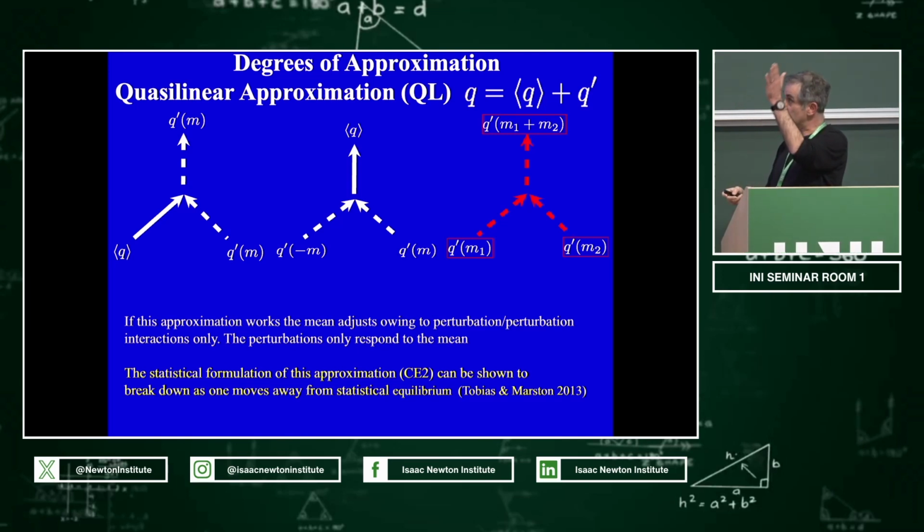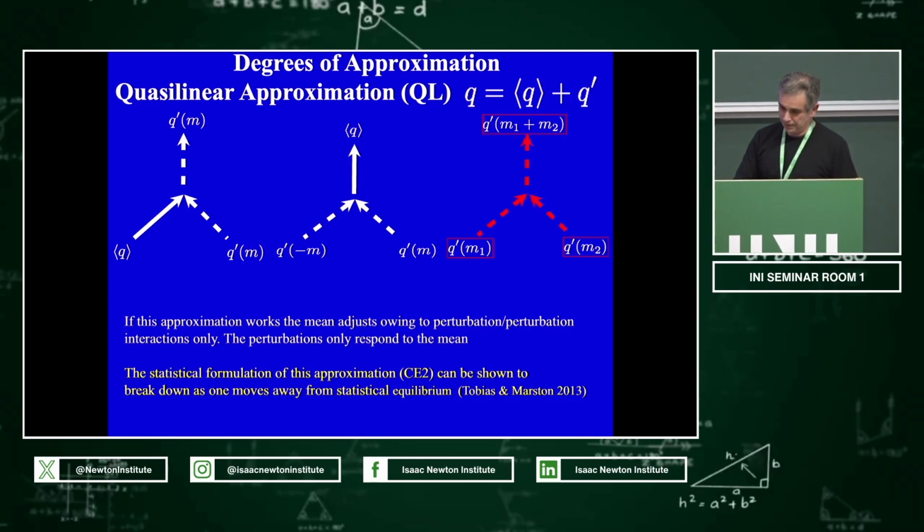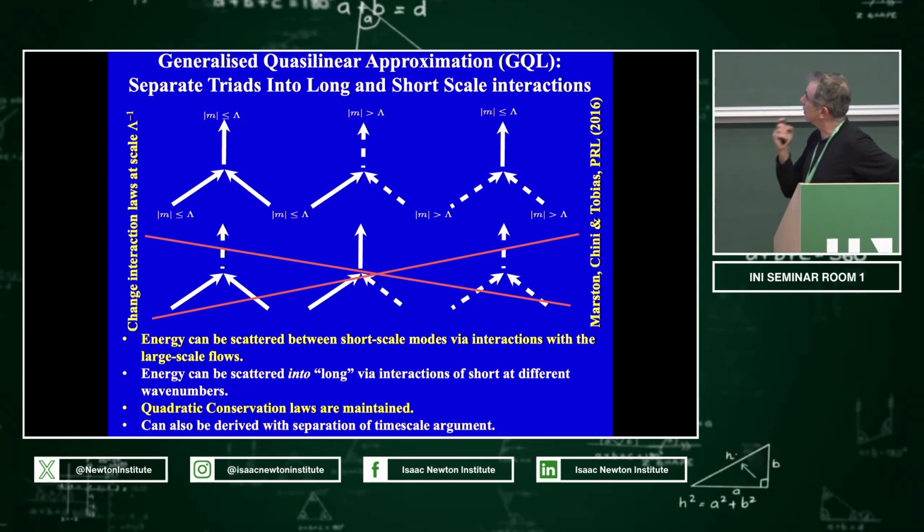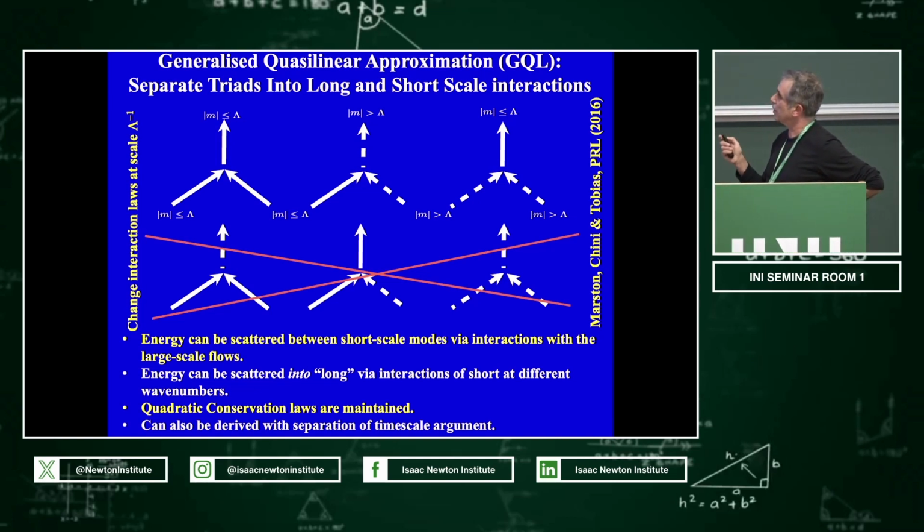And we're going to have a cutoff between the two ranges of scales at some wave number lambda. So if lambda was equal to 0, then we'd have a formal mean and our fluctuations again. But if we allow lambda to be a non-zero wave number, then we're generalizing the quasi-linear approximation. So this is something Brad, Greg and I did, gosh, nearly 10 years ago.